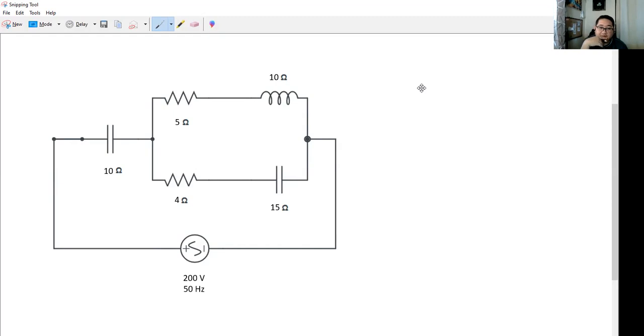Yung impedance natin, di ba yung Z yun sa circuit? So what do you think will be the total impedance? Anyone? May idea ba? Pinakopy ko lang yung circuit, no? While you are thinking, no?